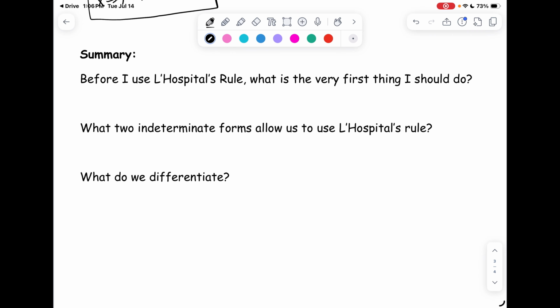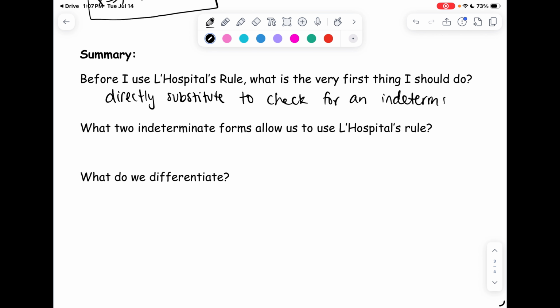Before I use L'Hopital's rule, what is the very first thing I should do? First, we should directly substitute to check for an indeterminate form. What two indeterminate forms allow us to use L'Hopital's rule?